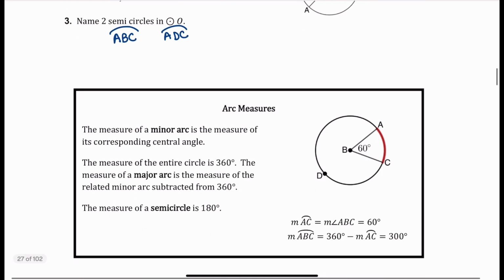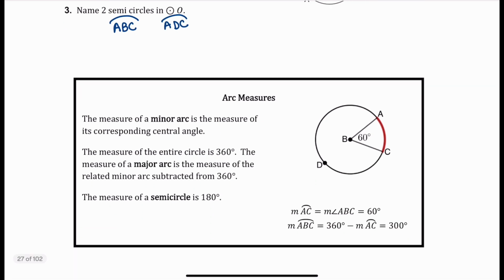Now, arc measures. The measure of a minor arc is the measure of its corresponding central angle. So the measure of this length here, we represent by this angle here. The measure of every circle is going to be 360 degrees. The measure of a major arc is the measure of the related minor arc subtracted from 360.